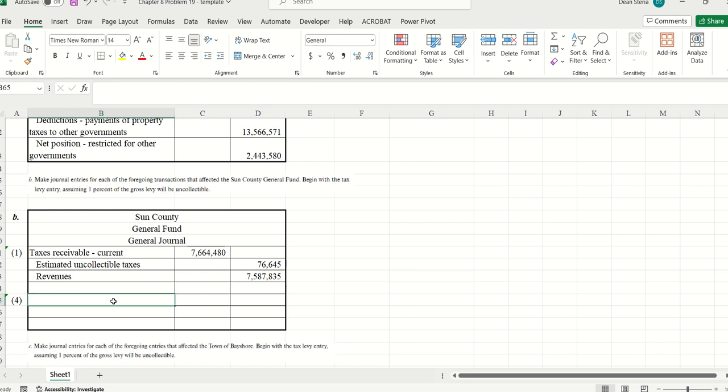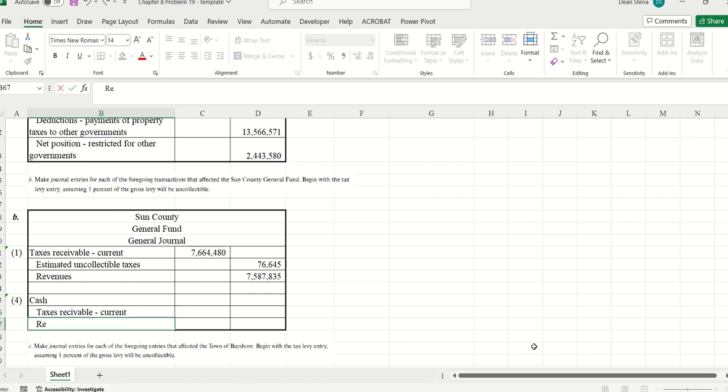And then we're going to do the next one where we collected the cash. We got taxes receivable, and that would be the current.